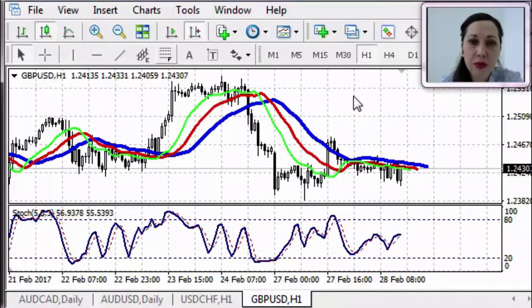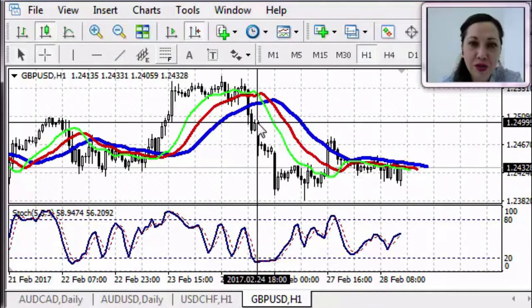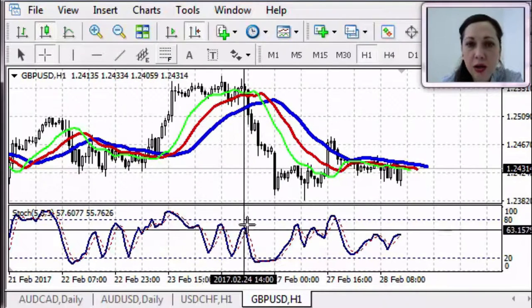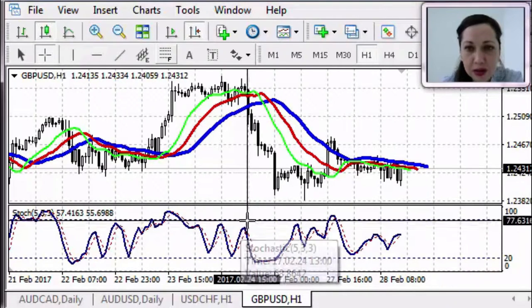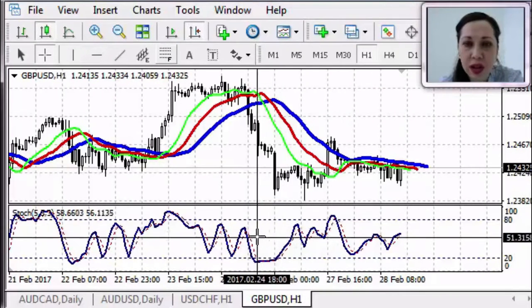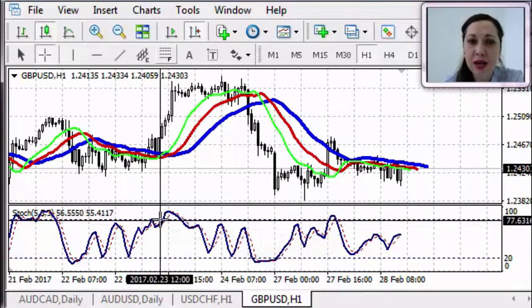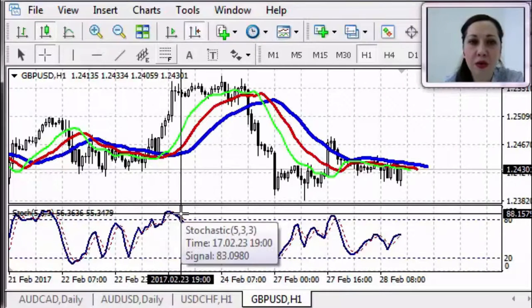Also for sell. This was for buy, now for sell. So we identified the entry point somewhere here. We need to look at the previous overbought zone. Here actually it's not explicit because there was no touch of the level 80. The threshold starts from 80 to 100. So we have to look here, and here we have this zone of overbought.